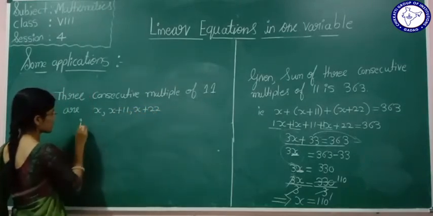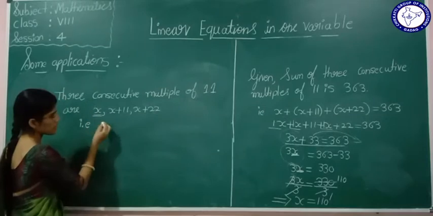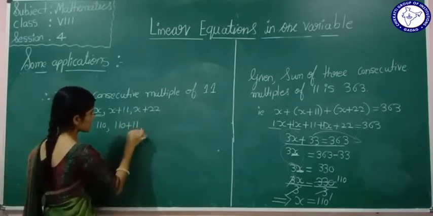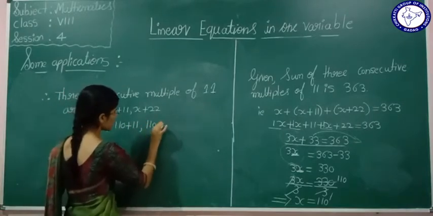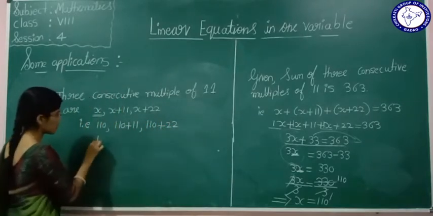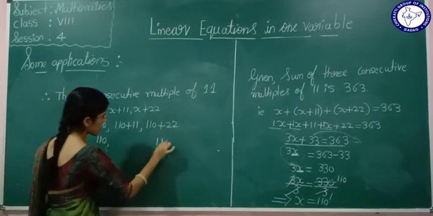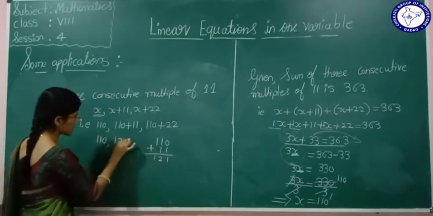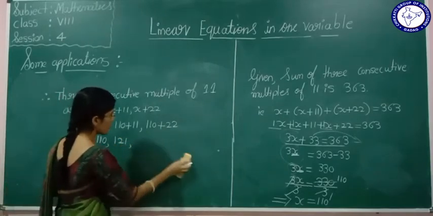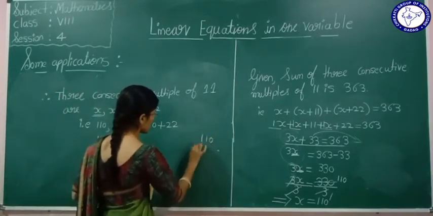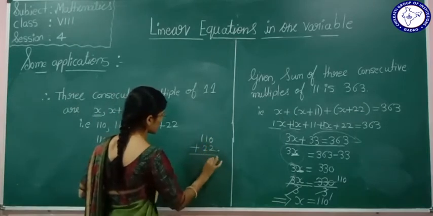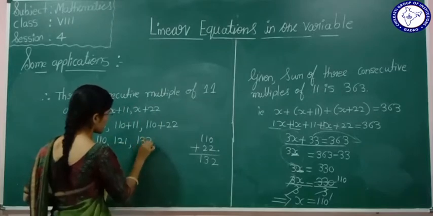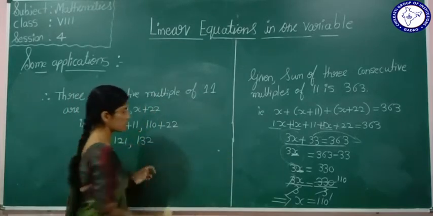What is x here? 110. Next 110 plus 11, next 110 plus 22. What is that? 110 plus 11 is what? 121. Next is 110 plus 22. 0 plus 2 is 2, 1 plus 2 is 3, 132. So these are the three consecutive numbers.